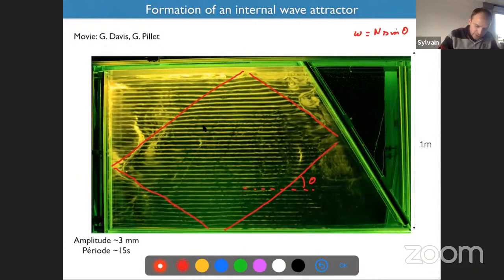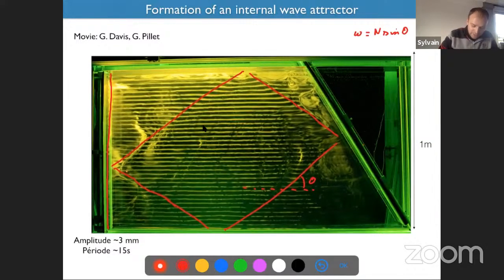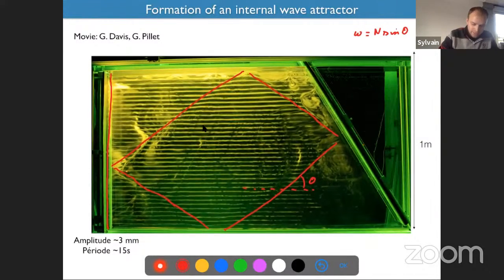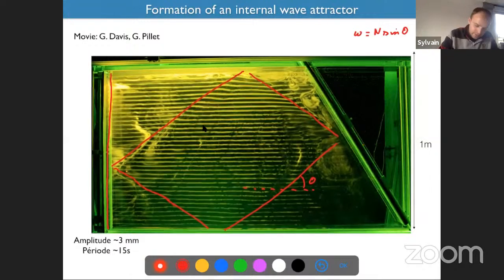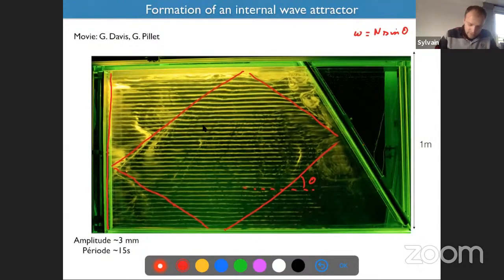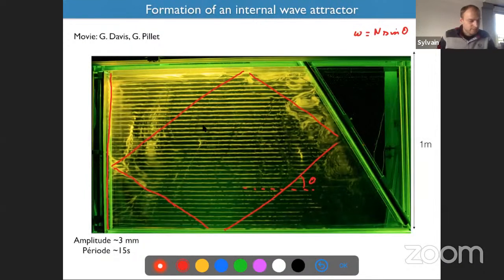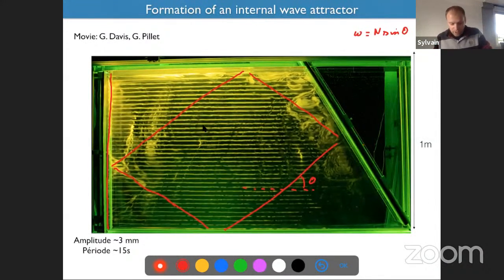What's important is that you inject energy over the whole height, everywhere on one side of the tank, and the energy is localized in this pattern after a few periods.